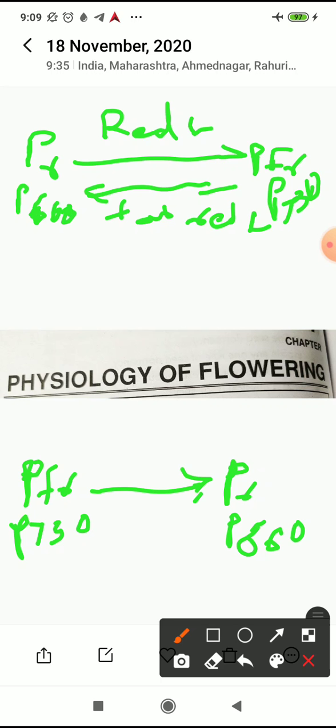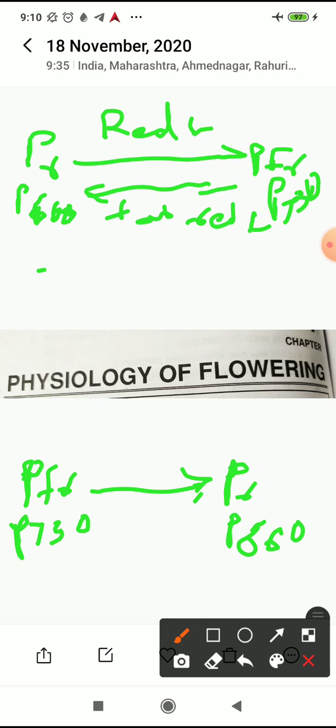Thus, it is presumed that these two forms, PFR and PR, of phytochrome regulate formation of a substance or hormone, which in turn influences flowering.